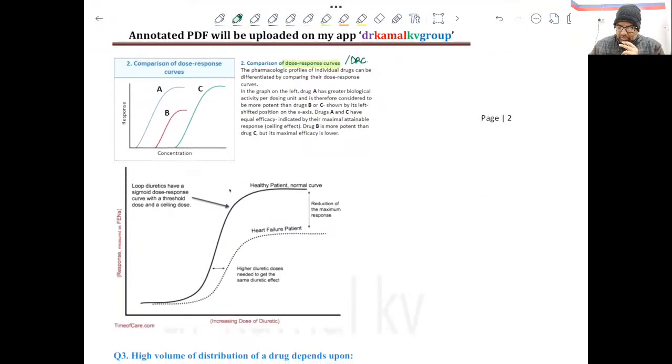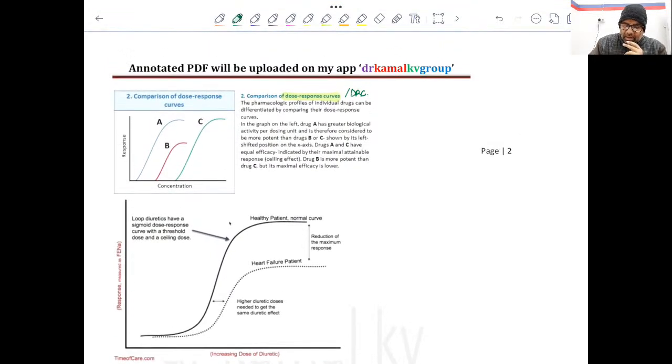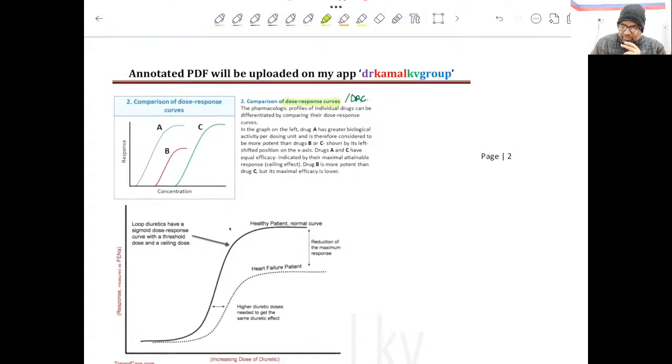Now, if a drug is more on the left side of the axis, it is said to be more potent, right? So more potent if it is on the left position on the graph.